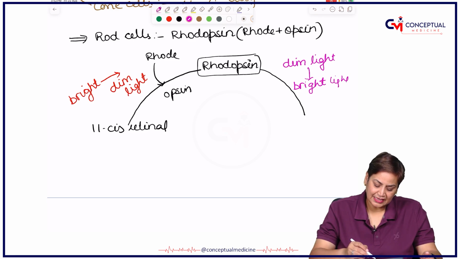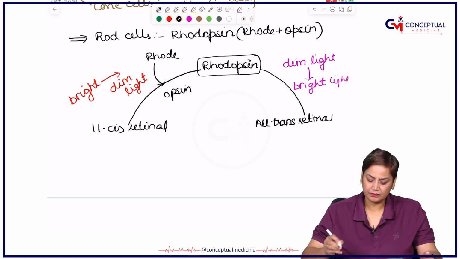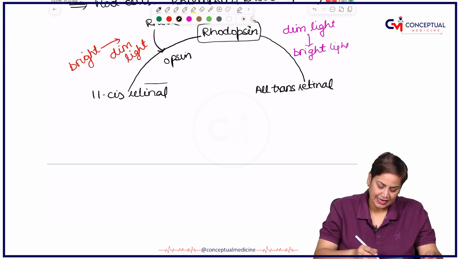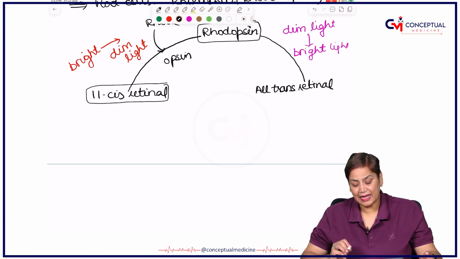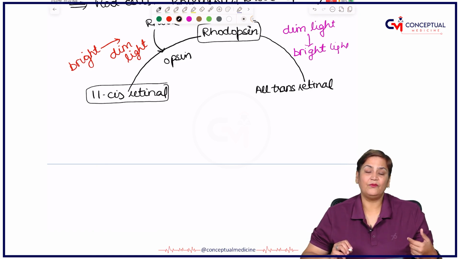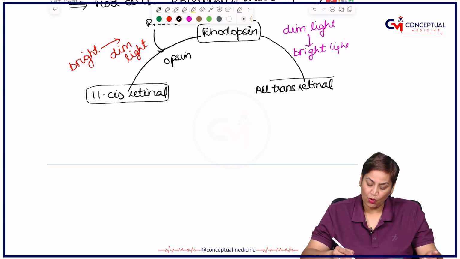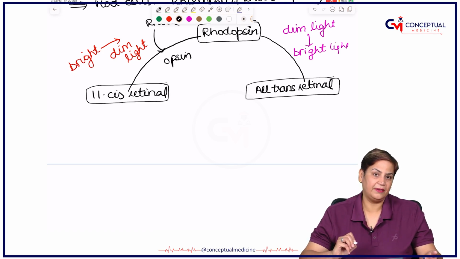So this is cleaved into all-trans retinal. I can say that 11-cis retinal helps in the combination of rhod plus opsin forming rhodopsin, and this rhodopsin, when we enter from the dim light to the bright light, is cleaved to form all-trans retinal.